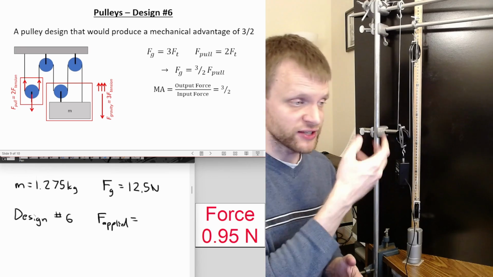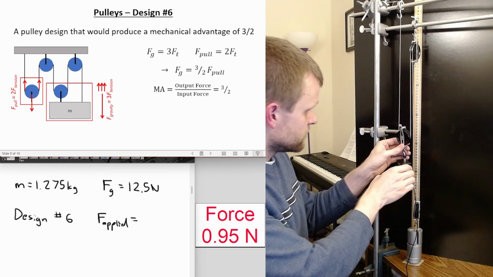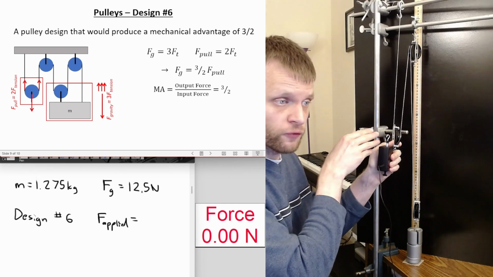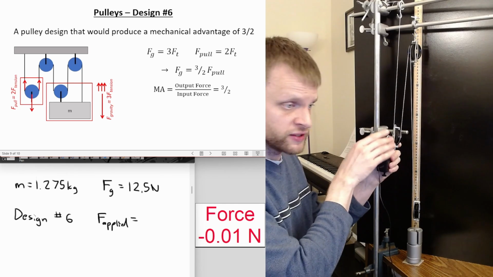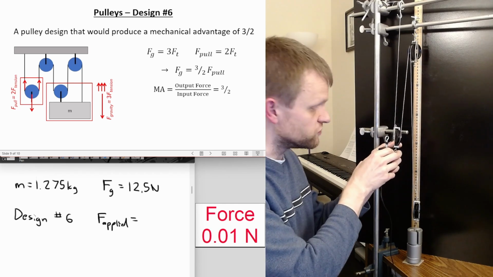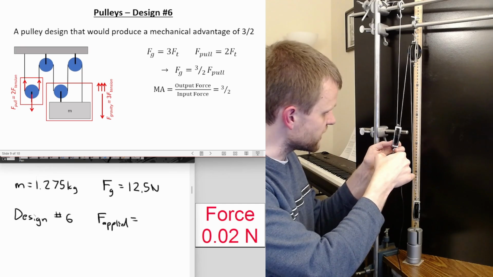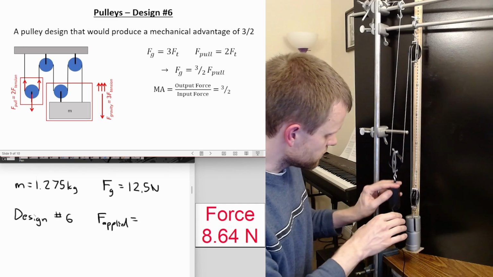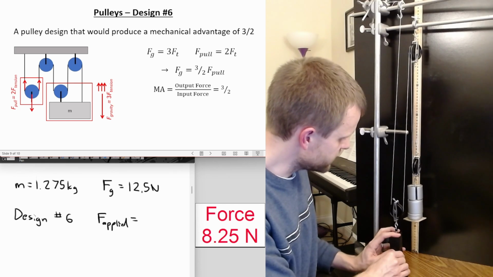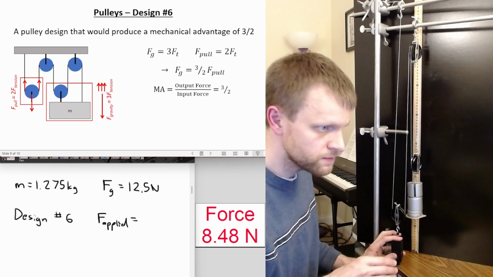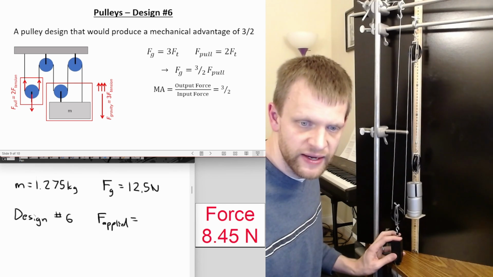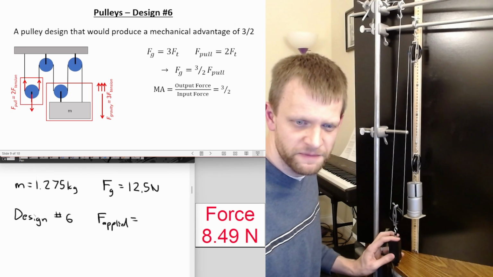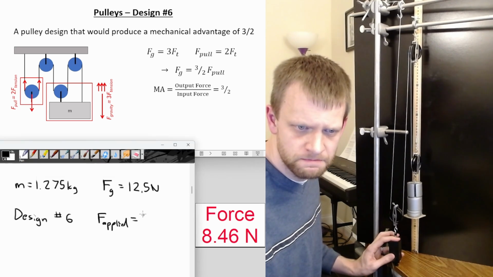So let's actually measure this system and see if it matches our experiment. Again, when no force is applied, and this is just not on the hanger, we should get a force of 0. That seems to be properly calibrated. And if I start applying some force, let me move this just to the bottom and I'll hold that in place. Looks like around 8.5 newtons.